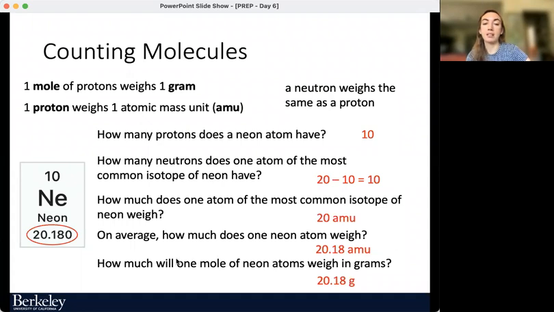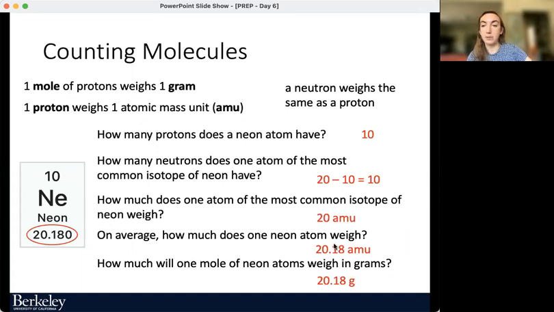But then if I have 1 mole of neon atoms, its mass in grams will also be 20.18 grams, because 1 mole of protons or neutrons or both weighs 1 gram, and 1 proton weighs 1 atomic mass unit.